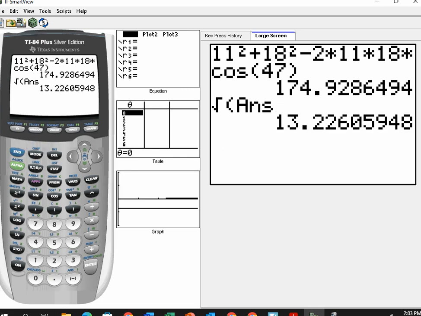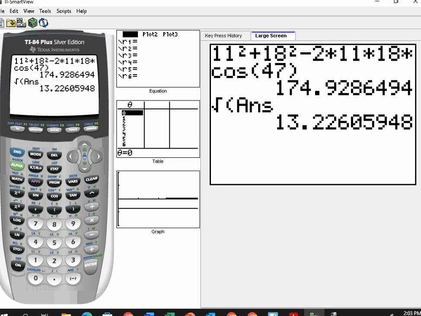You're going to learn lots of things today on your calculator that are handy for your SAT. You need to practice it. So second squared gets you the square root, and then we want the answer.